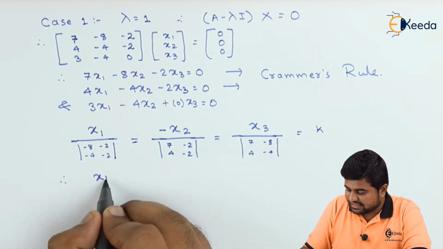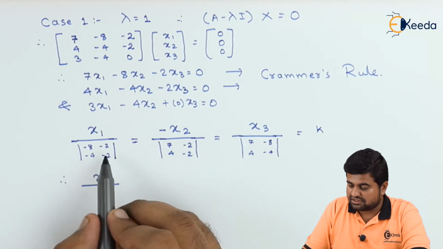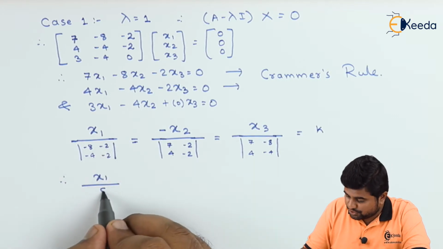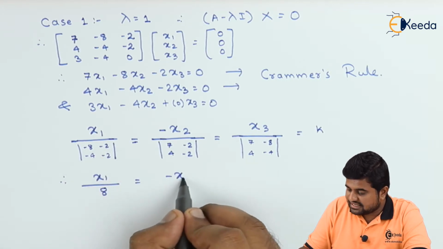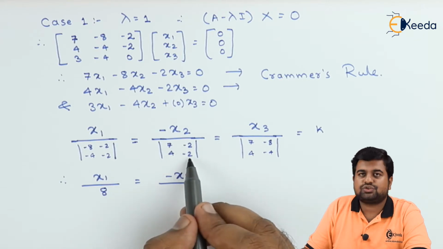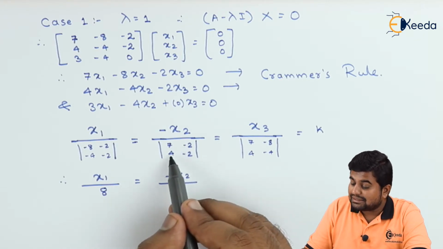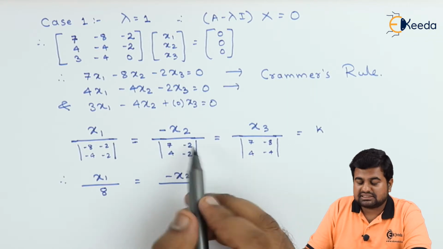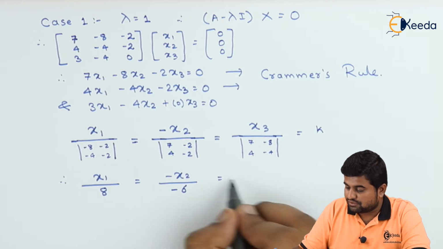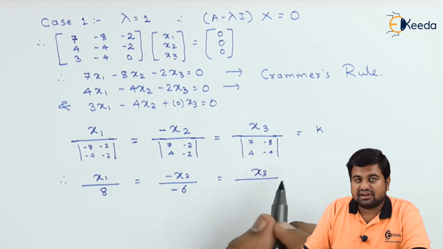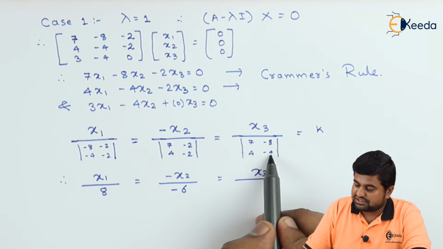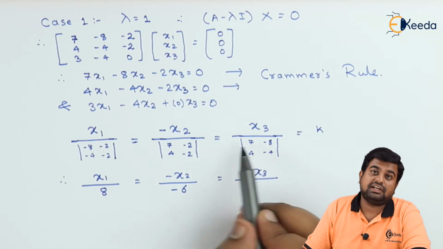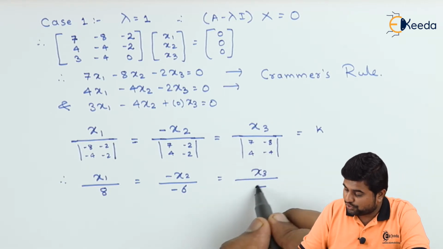Therefore, we'll solve this. x1 divided by, what is the value of this determinant? Minus 8 into minus 2 is 16, and 16 minus 8 is going to be 8, is equal to minus x2 divided by 7 into minus 2, which is minus 14, minus 8, which is plus 8. So minus 14 plus 8 is going to be minus 6, is equal to x3 divided by 7 into minus 4, which is minus 28, minus minus 32, which is plus 32. 32 minus 28 is going to be 4.